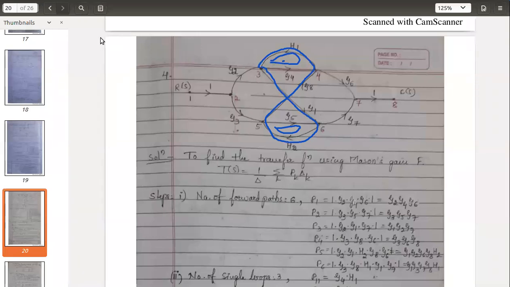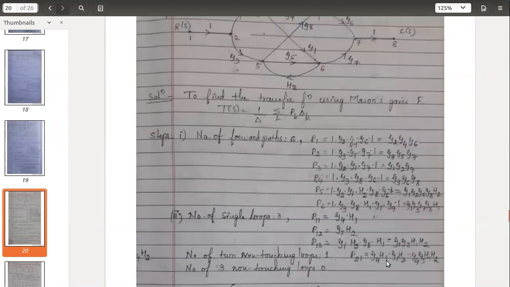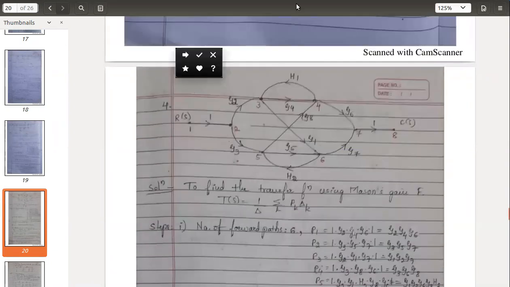The next step is you need to go for the number of 2 non-touching loops. We have 3 single loops. Can you find 2 non-touching loops? I think there is 1. There are 2 non-touching loops. This is one loop, this is one more loop. They are not touching each other.